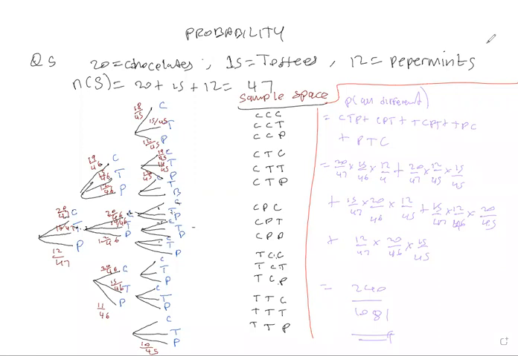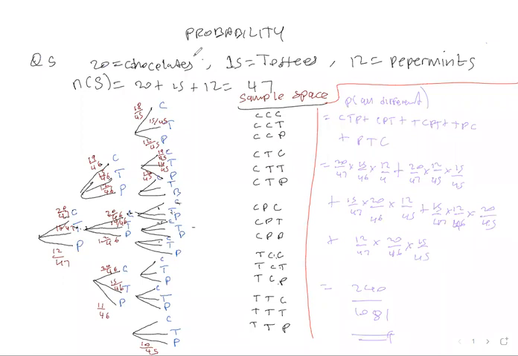Or chocolates. Or chocolate. B will be that, or chocolate. This is even much simpler, isn't it? Because it's just the C only. Chocolate, chocolate, chocolate.